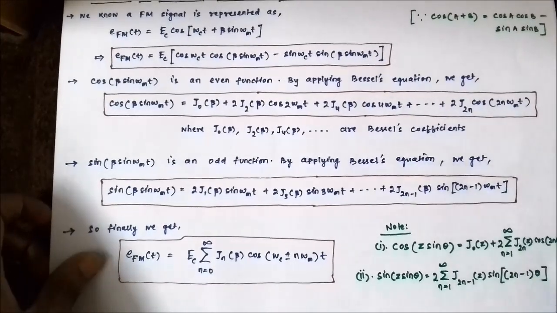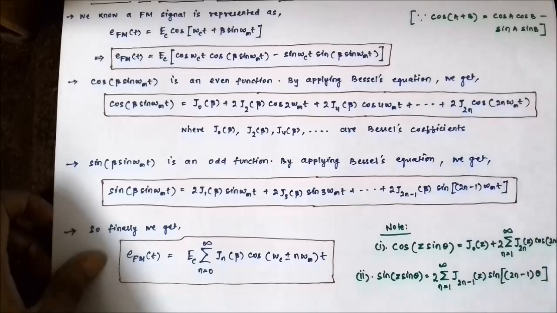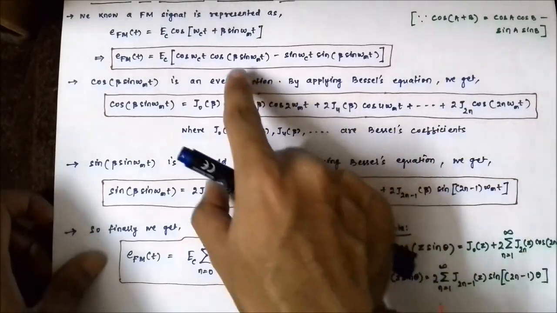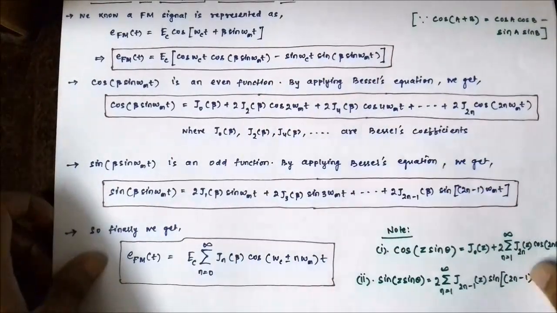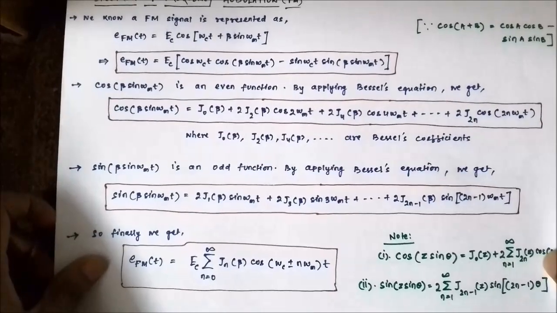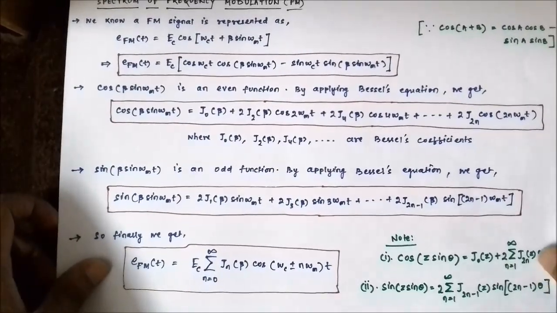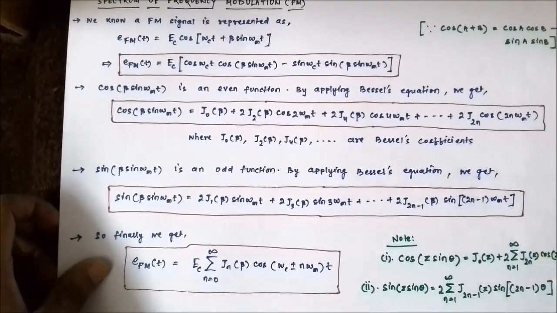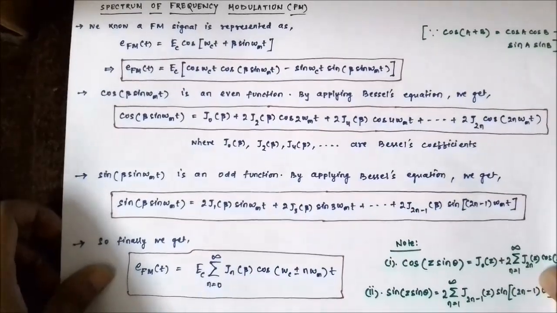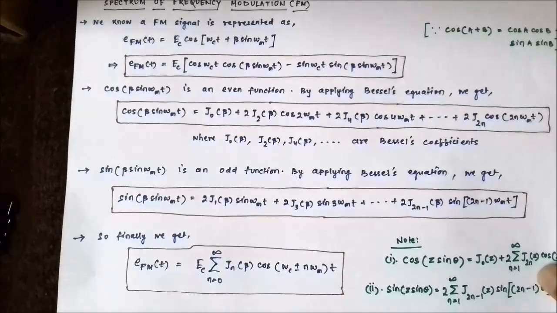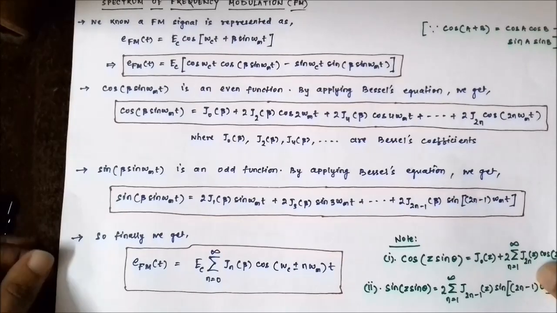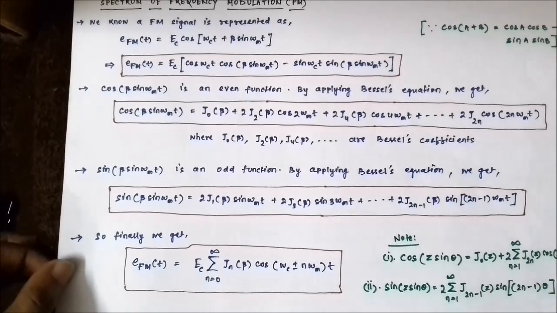So I recommend that you substitute these two expansions here and try to solve it yourself. I will be covering this expansion and derivation in detail in a separate video in my upcoming videos. But just to help you understand, I have given this, so you can try it at home. Today we are only going to cover the spectrum part.